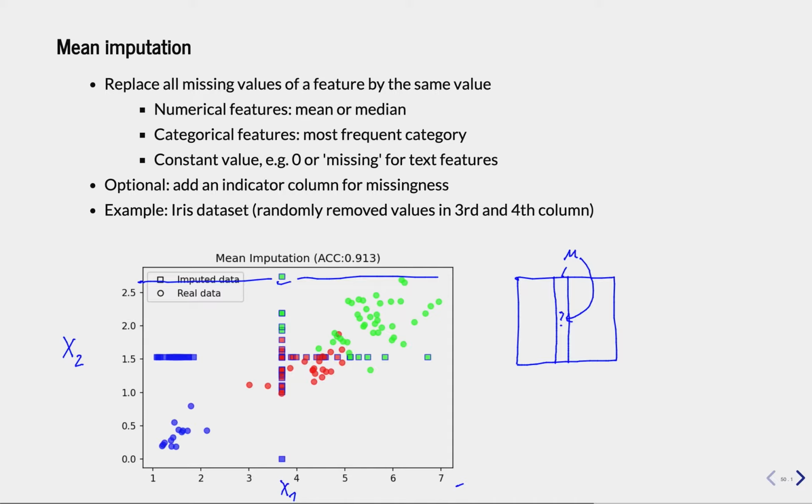And now we fill in the value for x1 by taking the mean of all these values, and the mean of that is, of course, here. And then we fill in that mean value, and this brings a point here. And so we do that for all the missing points. And so all the missing points where x1 is missing end up on this line here, and all the points where x2 is missing, they end up on the mean of x2 here.